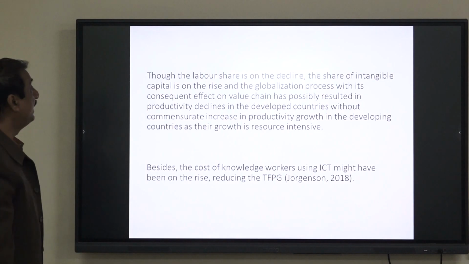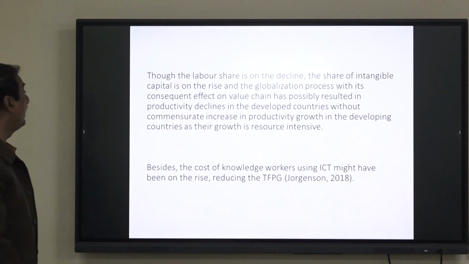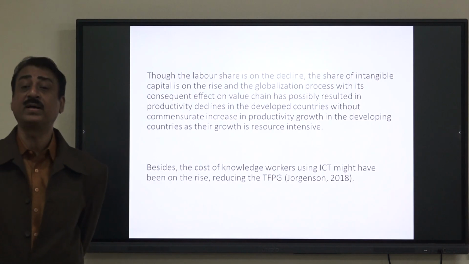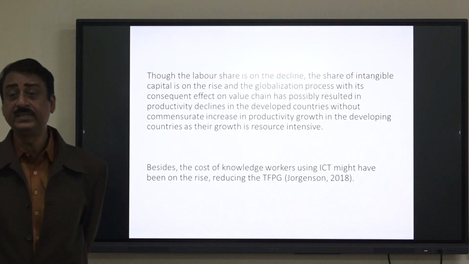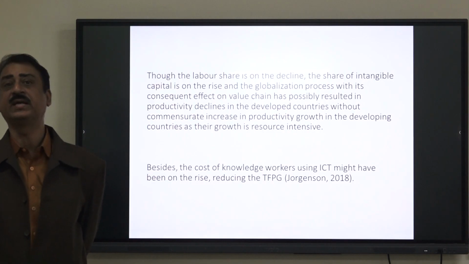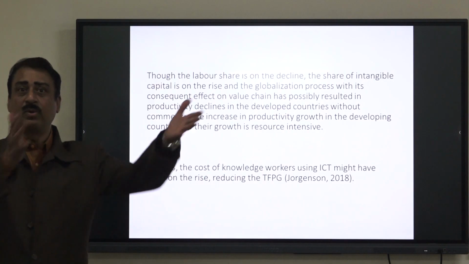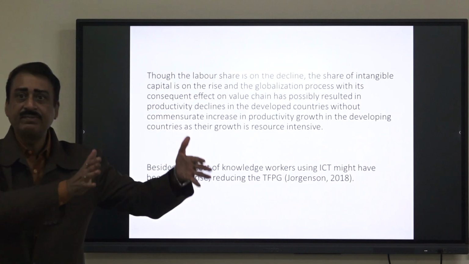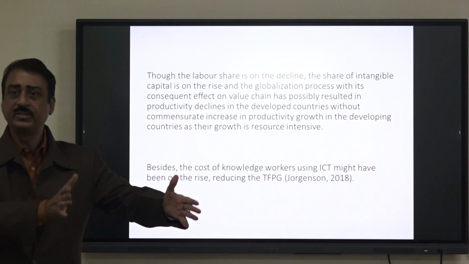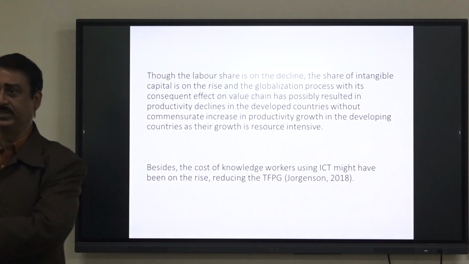Though the labor share is on the decline, the share of intangible capital is on the rise. Another reason why total factor productivity growth is not increasing is intangible capital, which is very, very expensive. Like, what is value added? Value added is a function of capital and labor. Or output is a function of capital, labor, material, energy.